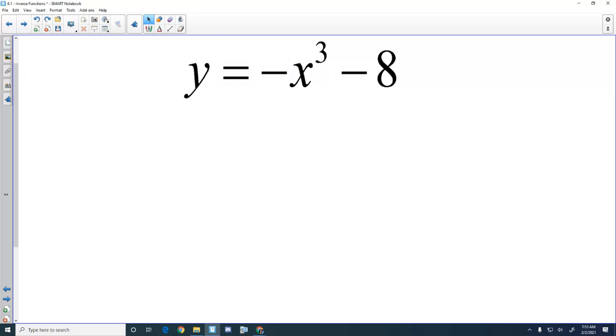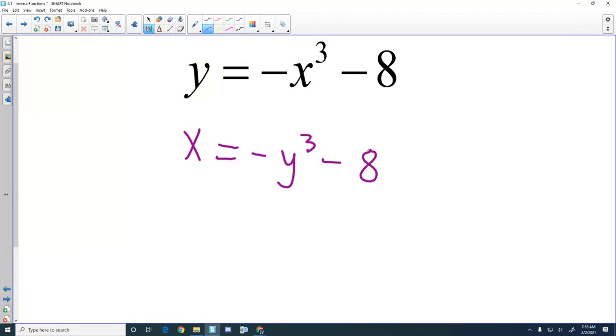All right, so we switch the x and the y. x equals negative y cubed minus 8. And there are no parentheses here. I always say start from the outside, work your way in. So think about what's the furthest thing away from the y?